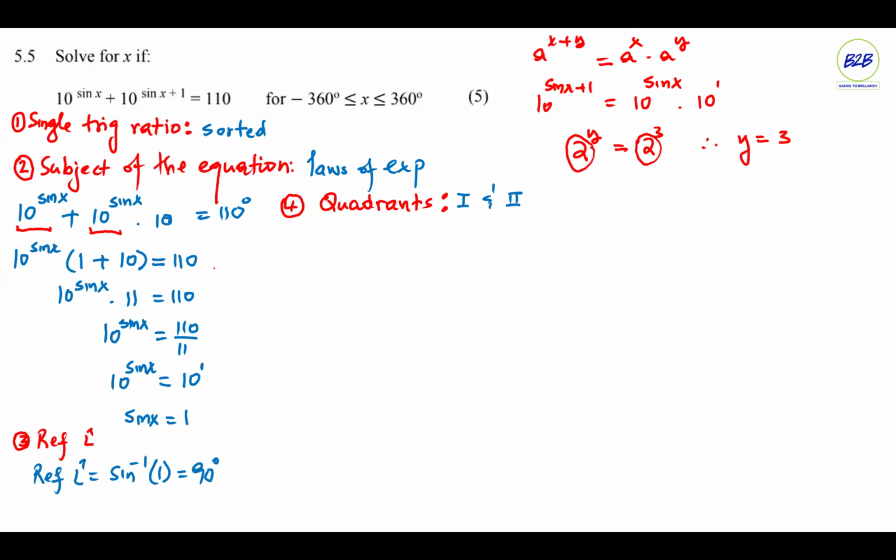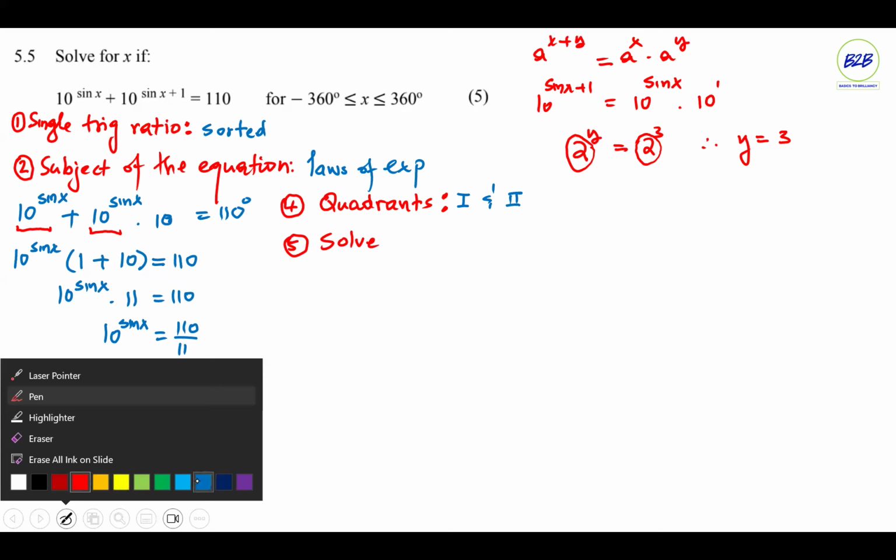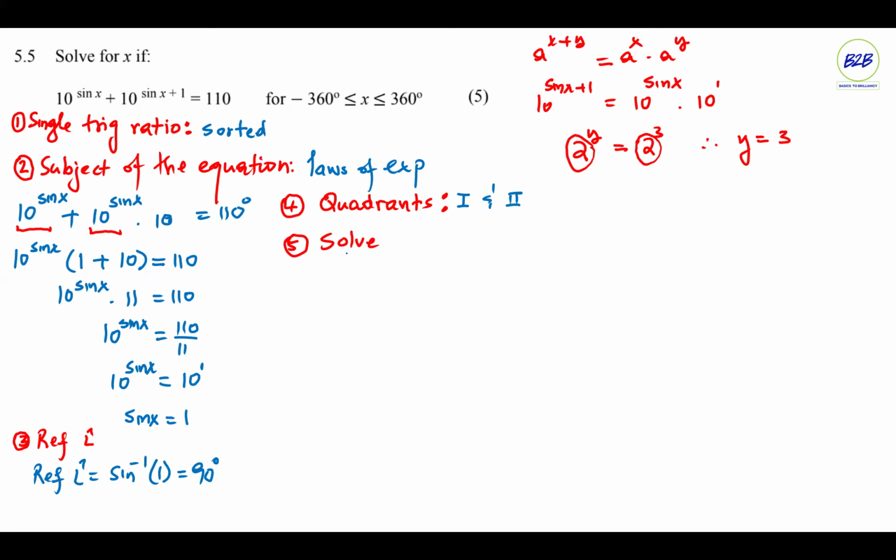After having selected now the quadrants, we can then solve. Right? What are we solving for? We're solving for theta in the equation that is given to be sine of x equal to 1, where the reference angle is equal to 90 degrees.